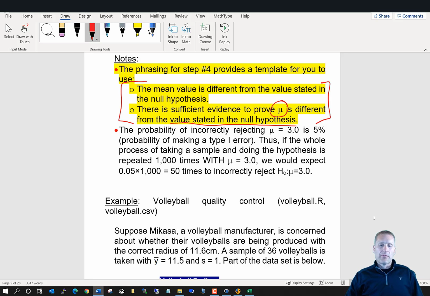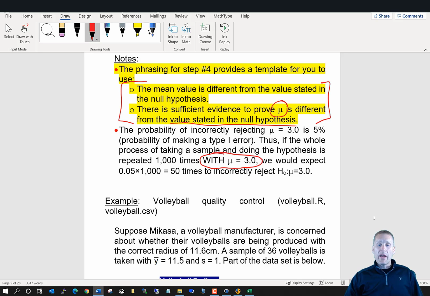A second note. So let's think about what this type 1 error of 5% actually means. The probability of incorrectly rejecting mu equal 3.0 is 5%. Thus, if the whole process of taking a sample and doing the hypothesis test each time was repeated 1,000 times, where the null hypothesis was actually true in the population, as I mentioned earlier, we basically assume the null hypothesis is true first and then do the calculations.